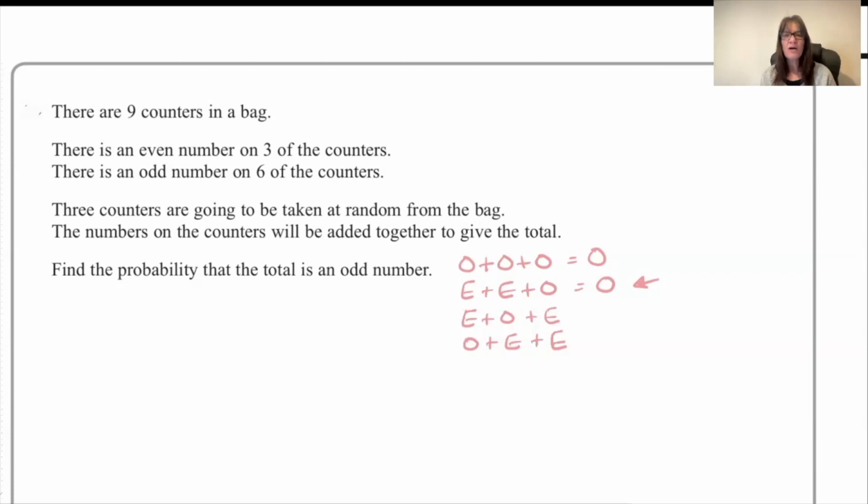If you are able to cut the workload down a little bit by just producing the branches that you need, it's just going to save a little bit of time. And that's what I'm going to do.